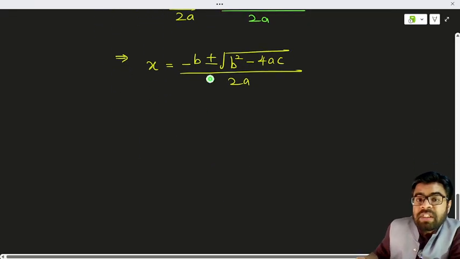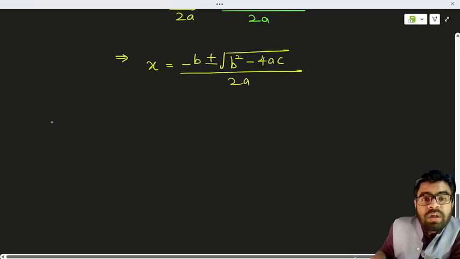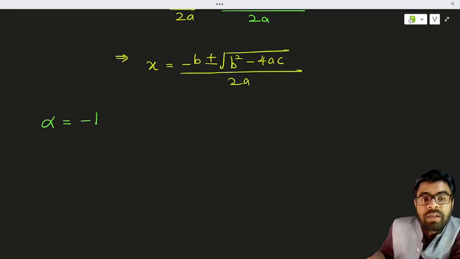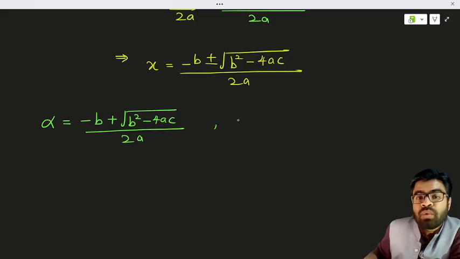And if I see, then we are getting two values here, one for plus and another for minus. So let's suppose I have taken the roots alpha and beta, so what we can write, let's suppose alpha is a root, so I'm taking it minus b plus root b square minus 4ac divided by 2a, and another root is beta.